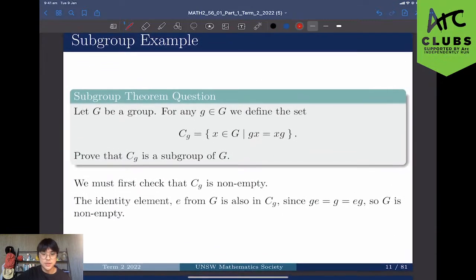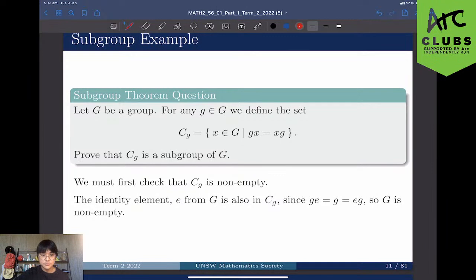So we start off by showing that Cg is non-empty. And an easy way to show that a set is non-empty is to check for the identity element, because it's usually quite easy to check for an identity element inside a group.